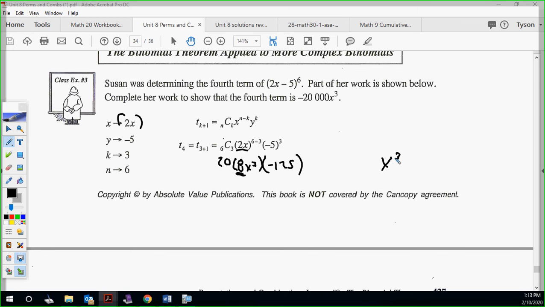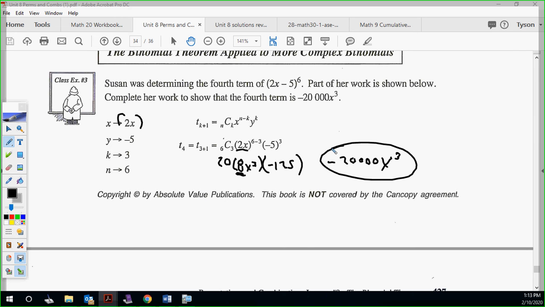It's all a product. Negative 125, and that would be in front of the x cubed, which is the negative 20,000 x cubed. That is the fourth term. That's the fourth term in the expansion.